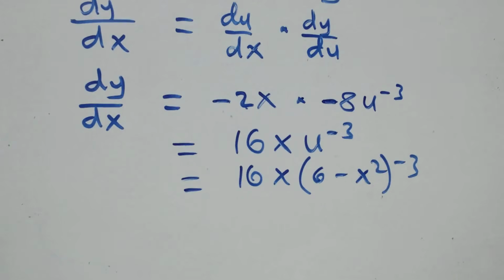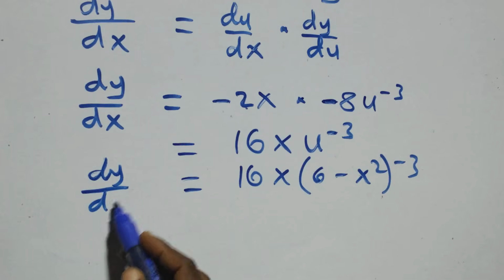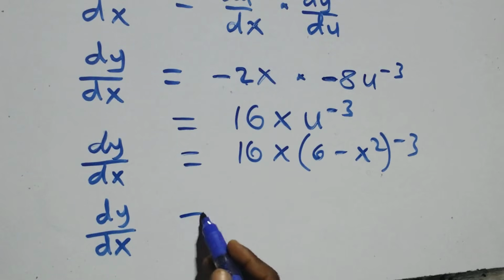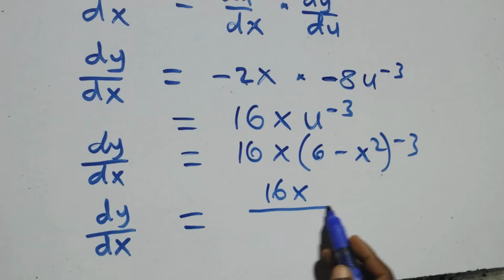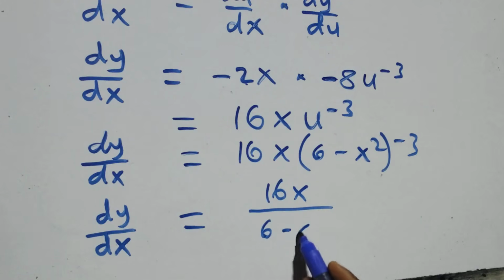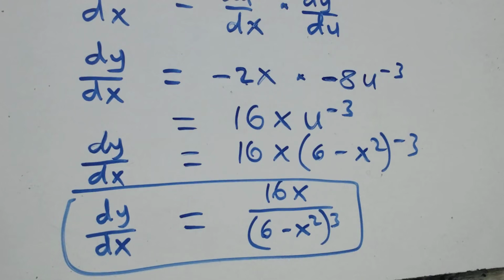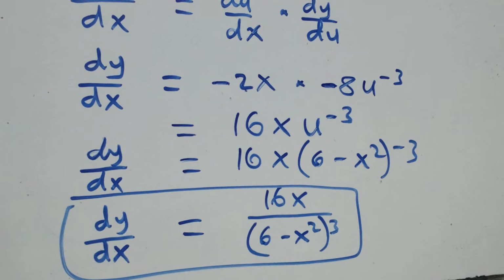Therefore, we can write it the way our question was written: dy/dx will now be equal to 16x over (6 minus x squared) all raised to power 3. So this is our derivative with respect to x. We have already differentiated this given problem.